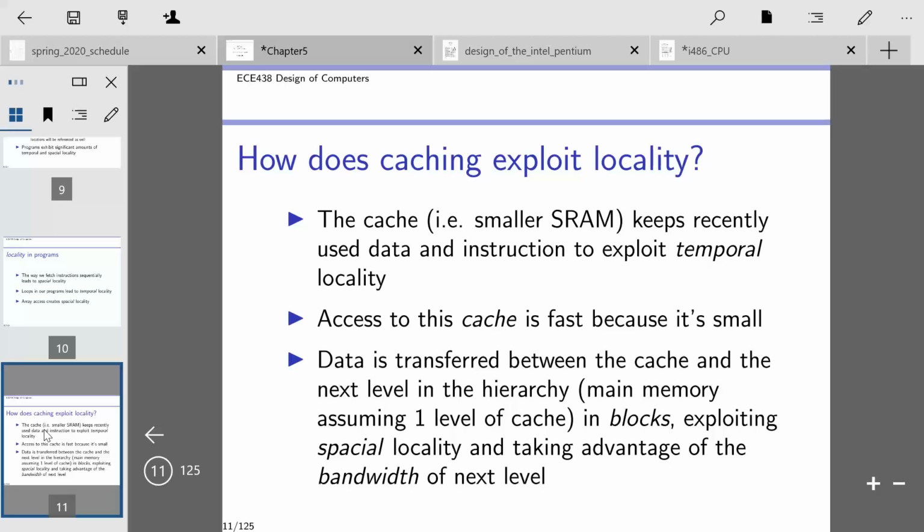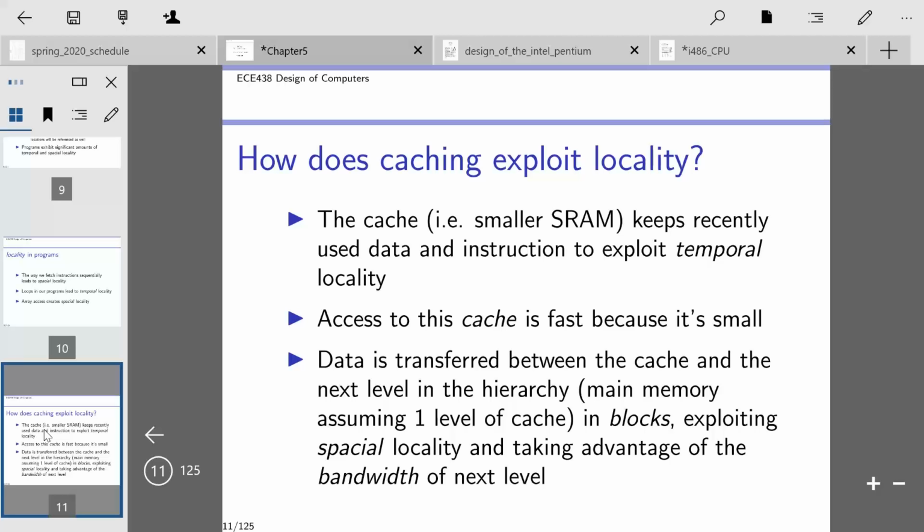That's the size of data that's transferred between the cache and the next level up. We'll see some diagrams later that describe that.